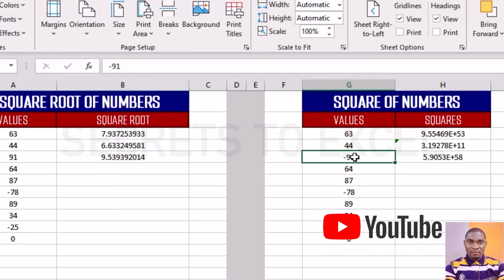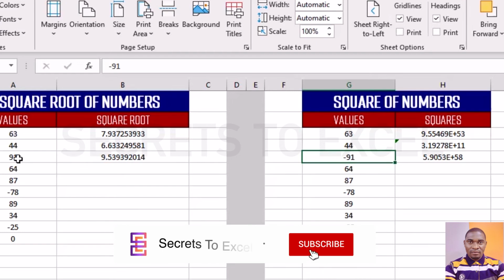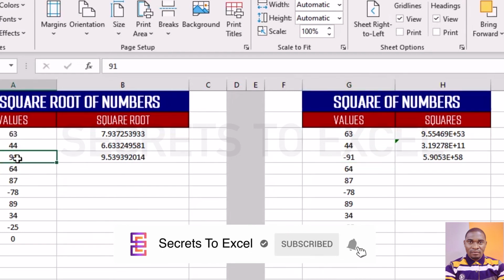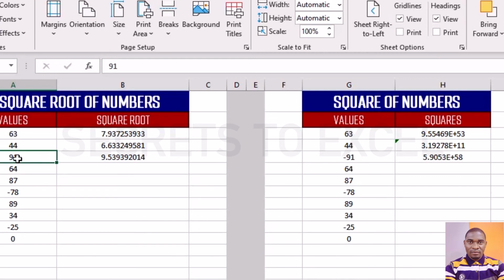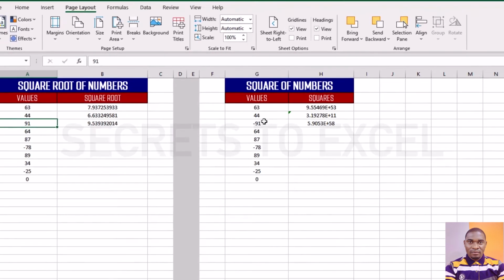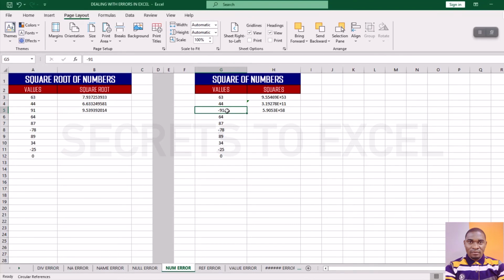That's because mathematically, square root cannot have a negative. You cannot find the square root of a value that is negative, but you can find the square of a value that is negative. Mathematically, it is right. Why is that? Maybe we'll ask our mathematicians, those who are good in mathematics, but that is just the principle. So this is how you get to correct errors such as this.